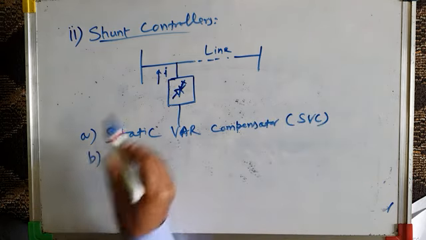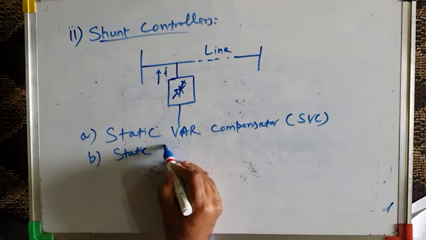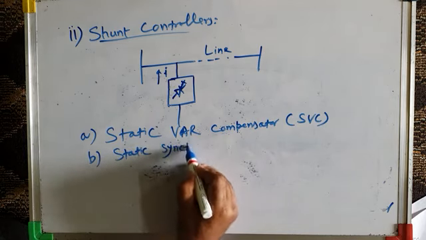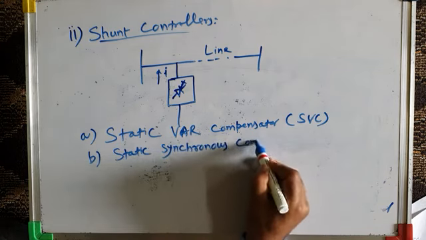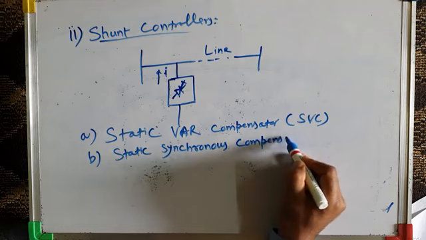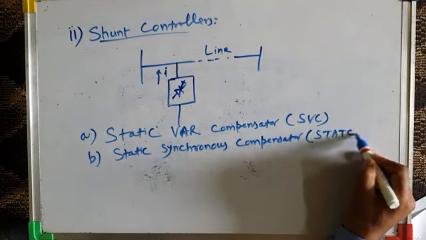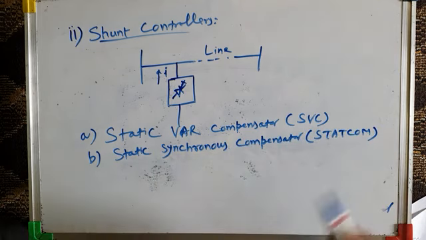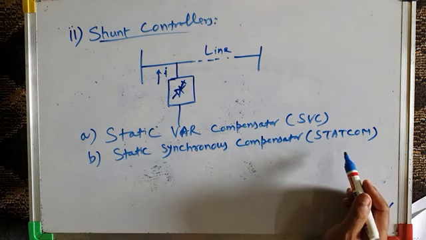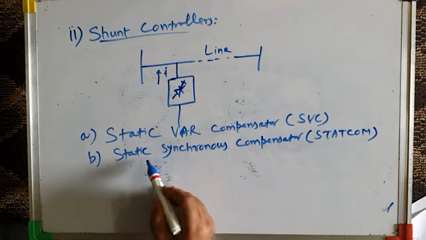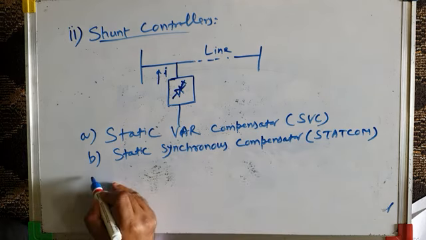The second type of shunt FACTS controller is the static synchronous compensator, which is very popularly known as STATCOM. Some of you may have already come across this term at your BTech level, STATCOM. Maybe you have not studied it, or some of you may have briefly studied it. It's called the static synchronous compensator, STATCOM. It is a shunt FACTS controller.